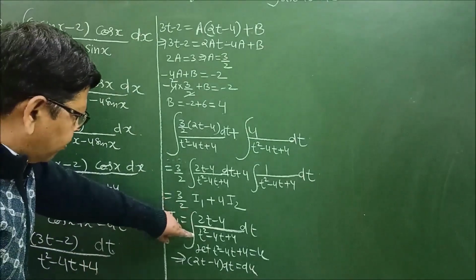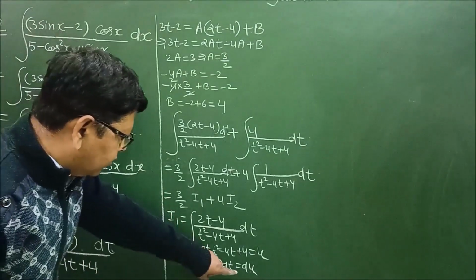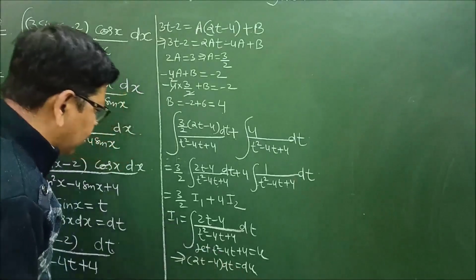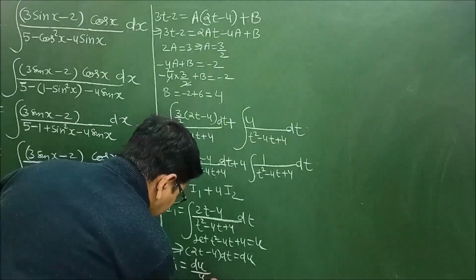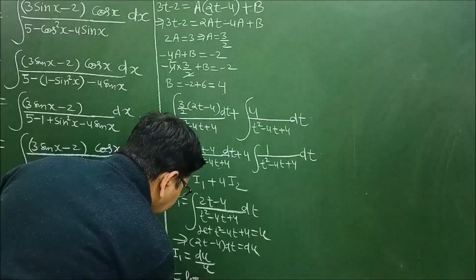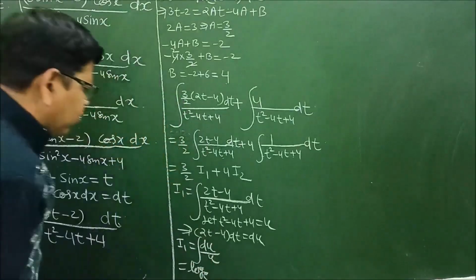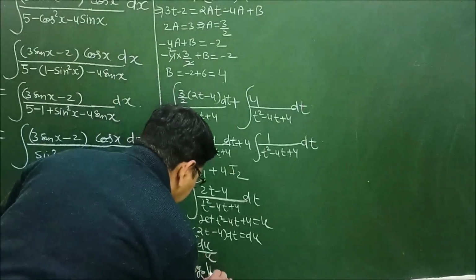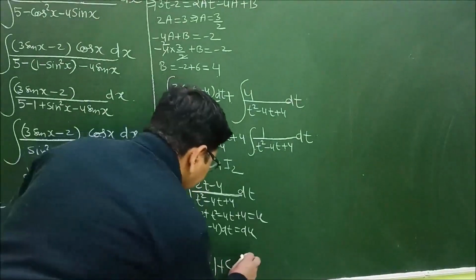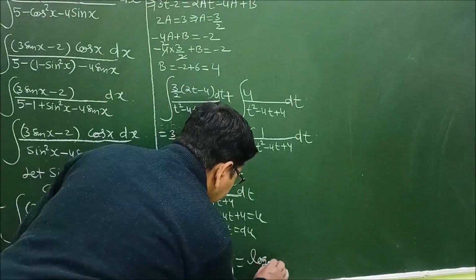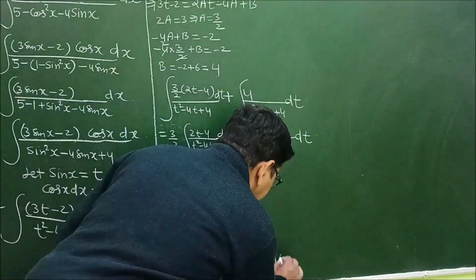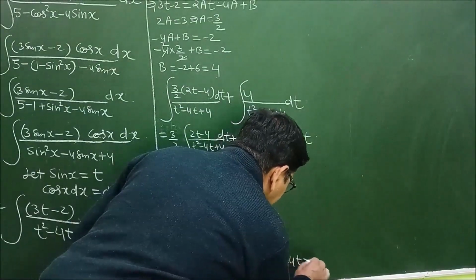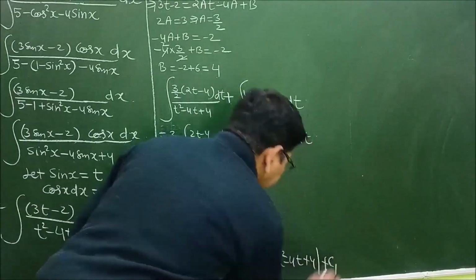So 2t minus 4 dt upon the denominator will be replaced by du upon u. So I1 is equal to the integral of du upon u, that is log mod u plus c1. So this is equal to log of t square minus 4t plus 4 plus c1.